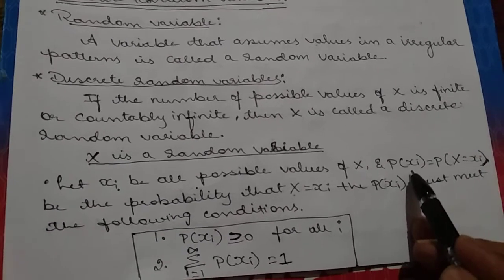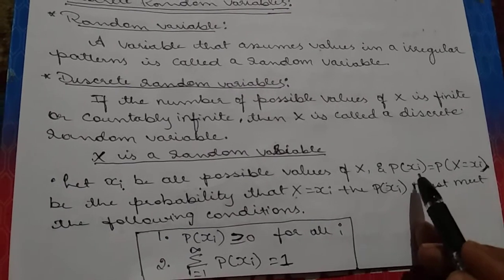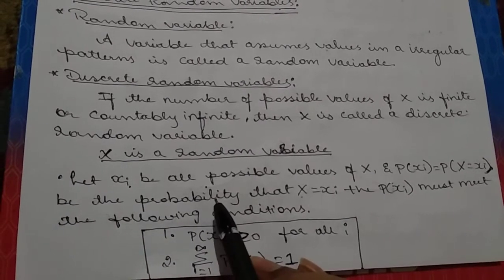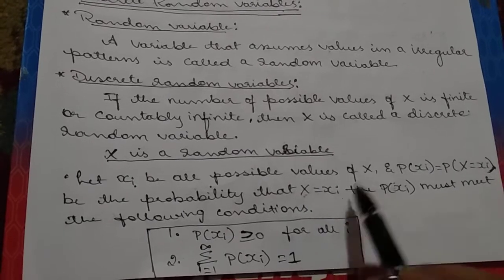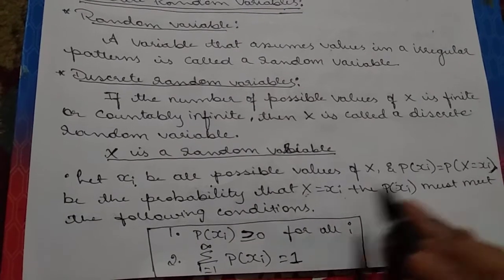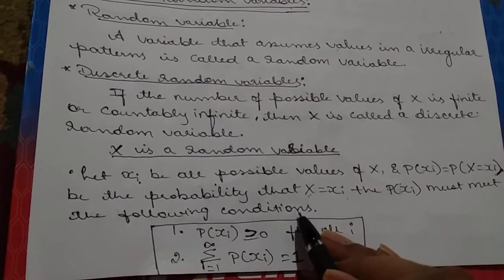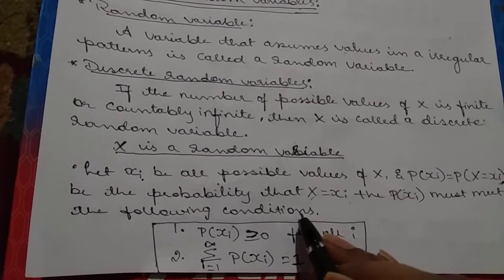That is the probability that x equals xi, and p of xi must meet the following conditions.